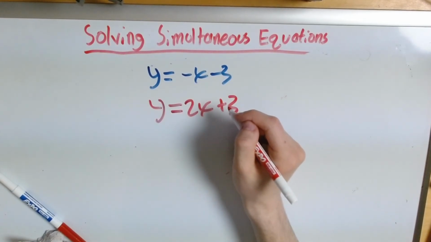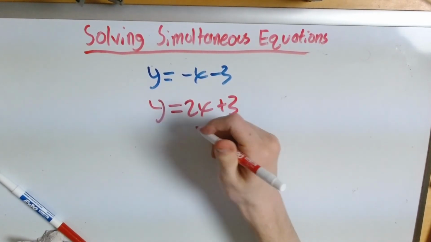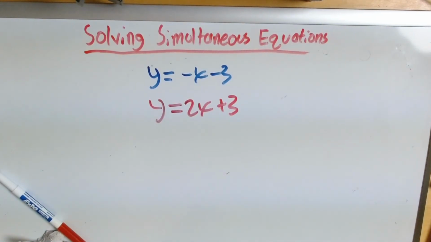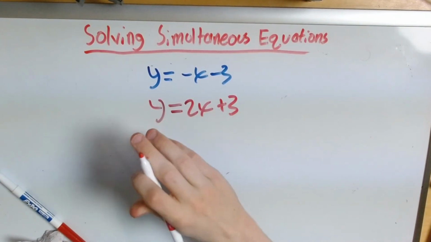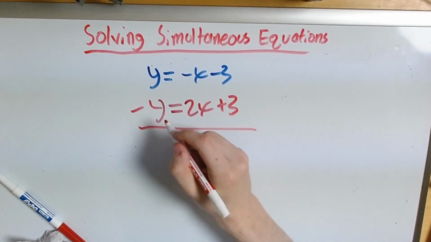So, seems difficult. Now we could do it two ways. Why don't we substitute? Or you can also do something pretty nice. We can subtract them, right? So just like we're adding equations, we can also subtract them. So I'm going to subtract this entire equation.